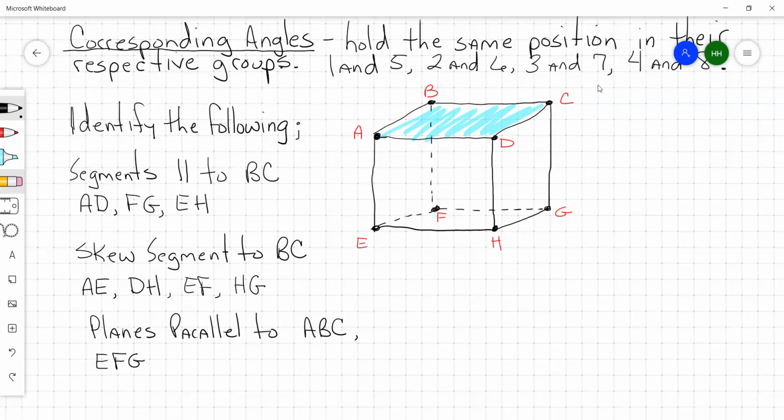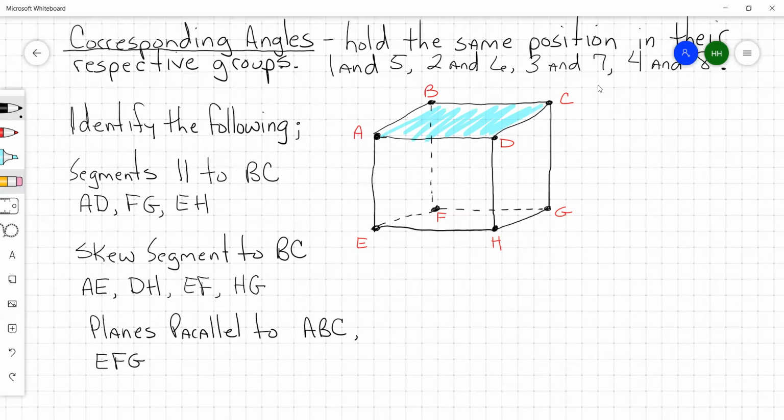BCG, you could call it CGF, you could call it FBC. Any 3 points in the plane, but not on the same line. All right, any questions on any of that stuff?